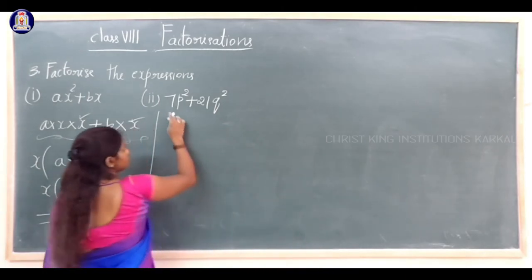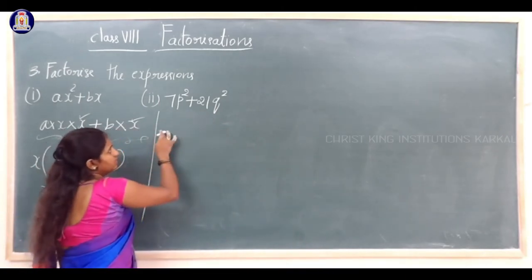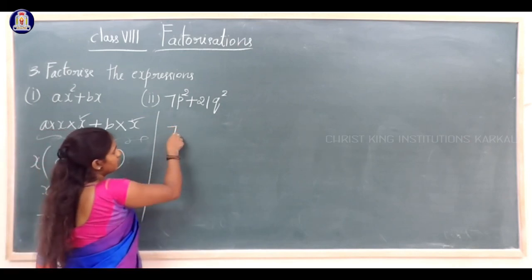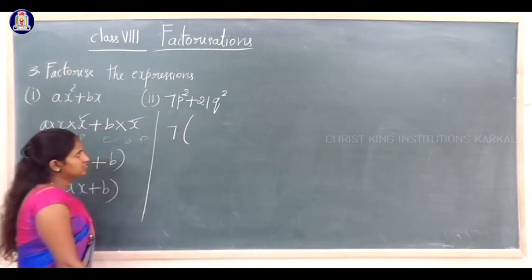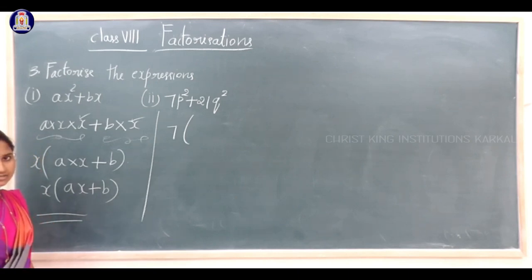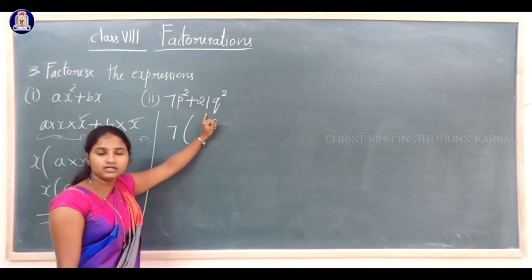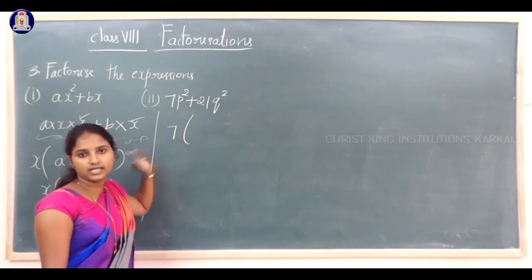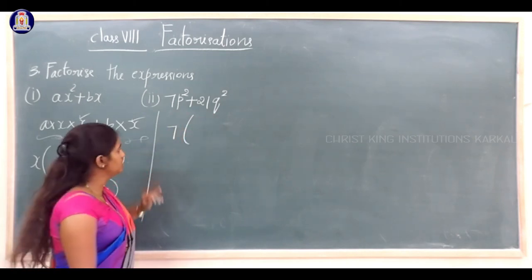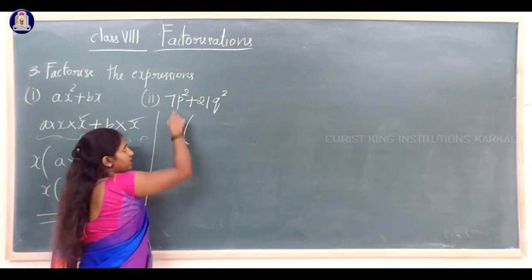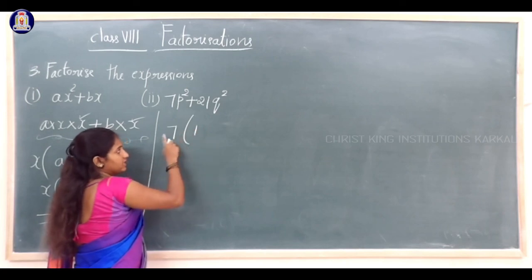So here 7 and 21, in this the common factor is 7. So if you take 7 outside, isn't 7 common? Why is 7 common? Because 7 divides 7, 7 also divides 21. So we can take 7 outside, same factor, common factor. So the remaining factor, 7 how much is 7? 7 ones are 7.